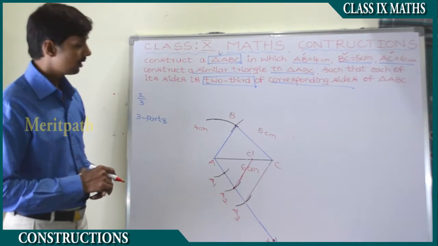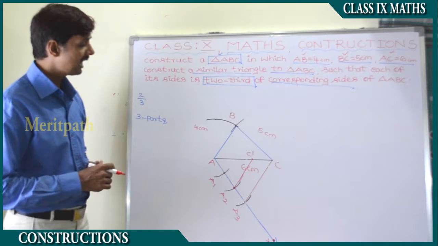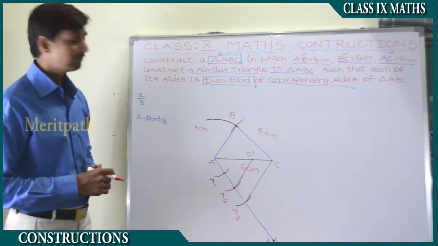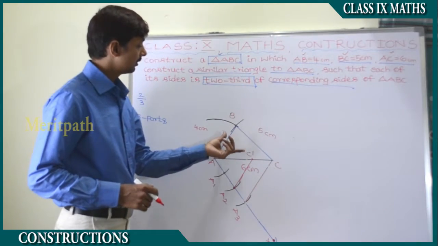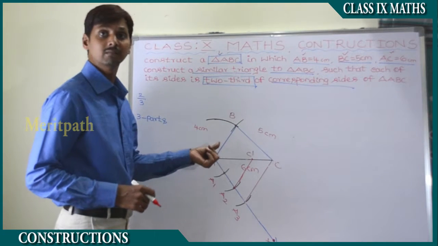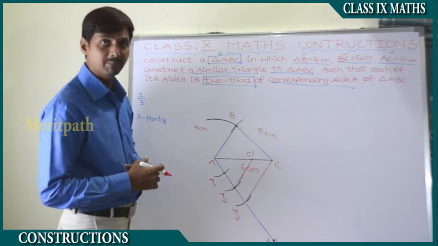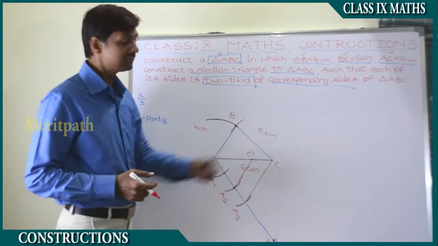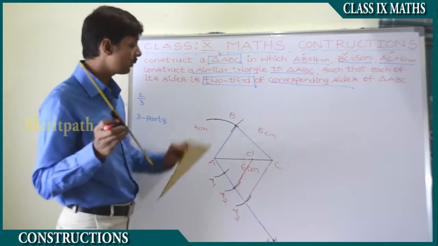Now we need to make a similar triangle for triangle ABC. So let's take a parallel line for BC, towards AB, which is touching AC and AB. To draw a parallel line for BC, again let us take the ruler and set square.